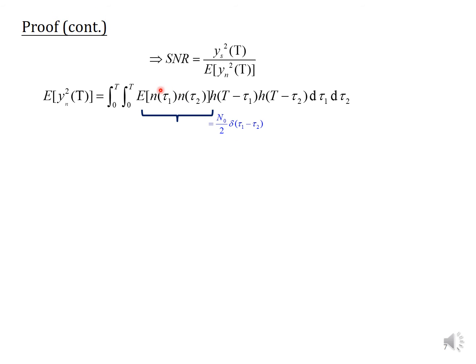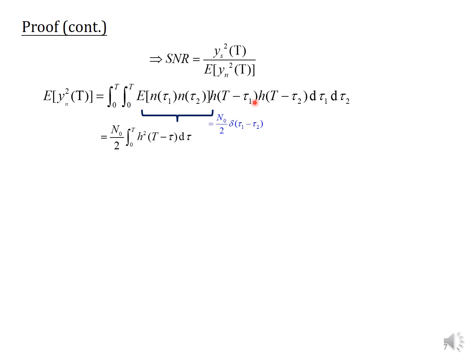Okay, so the correlation becomes a delta function. So this product, this delta(tau 1 minus tau 2) and this h(tau 1) and this h(tau 2), has value only when tau 1 equal to tau 2, right? Otherwise, this delta would be 0, right?